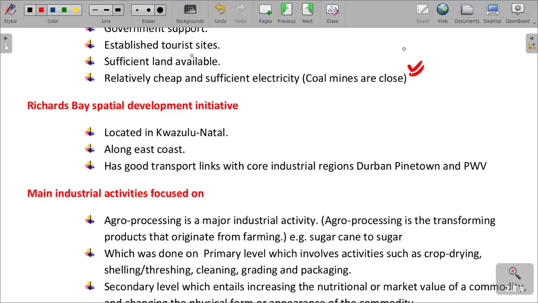How about the Richards Bay Development Initiative? It is located in KZN along the East Coast. It has good transport links with the core industrial regions, Durban, Pinetown, and PWV. I'm sure that in our question papers and exams, we are supposed to know these various spatial development initiatives, as well as how they are connected, how they are corridored together.